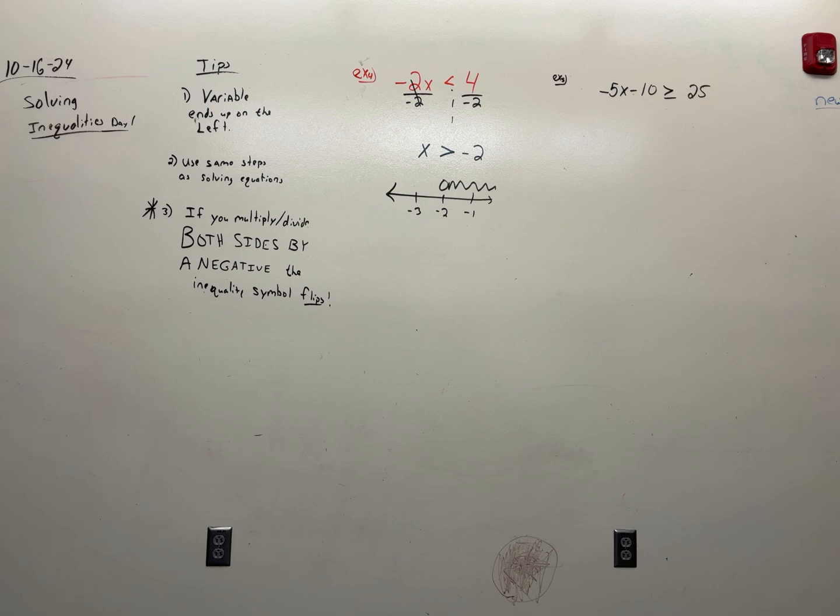So this is a two-step inequality. Which one do we start off by? Not the x, we start with the 10. What are our steps? Do you have your 6 steps? Get that up.